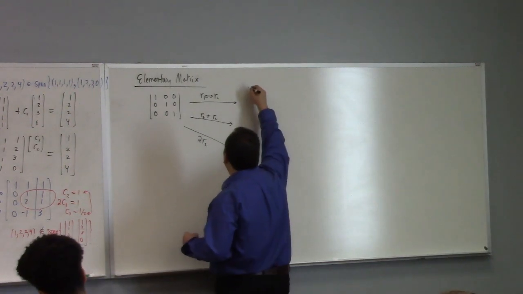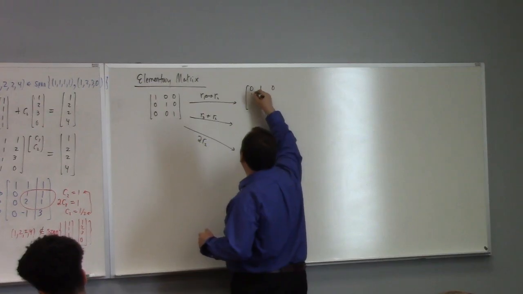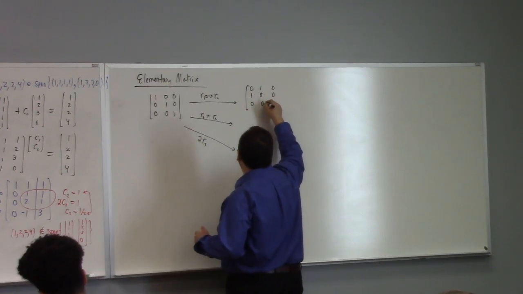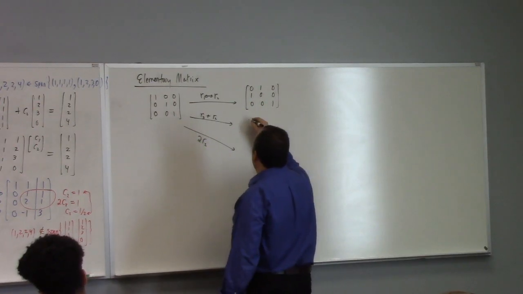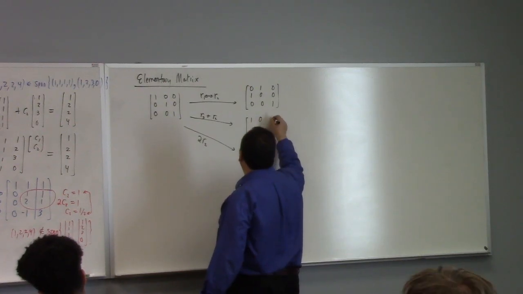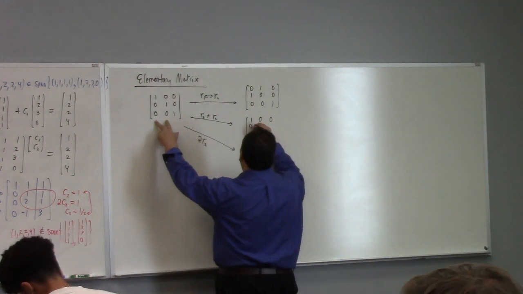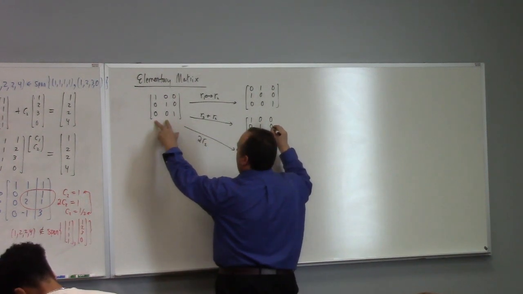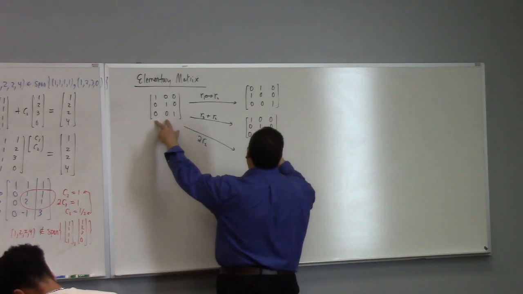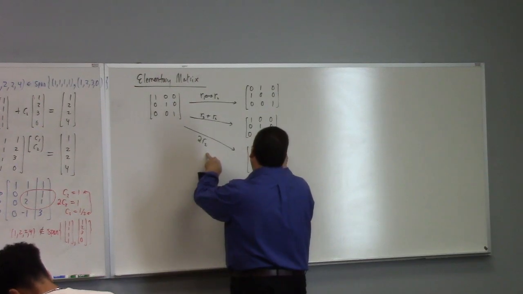If we do the row 1, row 2 swap, we get 0, 1, 0, 1, 0, 0, 0, 0, 1. The identity gives us 1, 0, 0 and so on. If I add row 2 to row 3, I get this. And if I do 2 row 2, I get this.